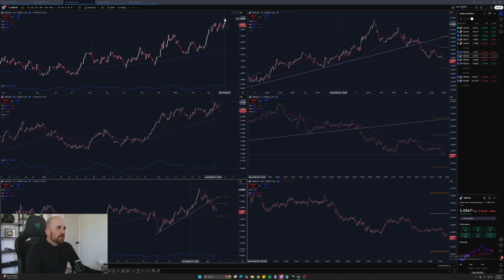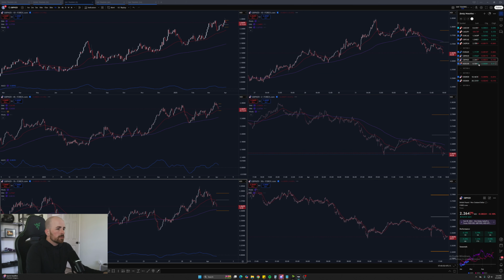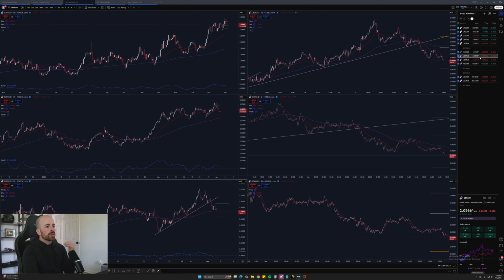Technically it's starting to reject this area up here, but it hasn't really confirmed it yet. A confirmation for me would be a breakdown here and come back and retest some of these levels. Just keep my eyes on it. Because usually stuff like this, if it starts to break down over the night or tomorrow, it could give me an opportunity to take this trade as a micro at some point.